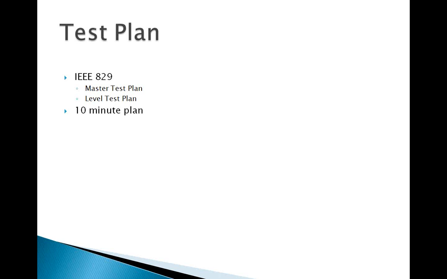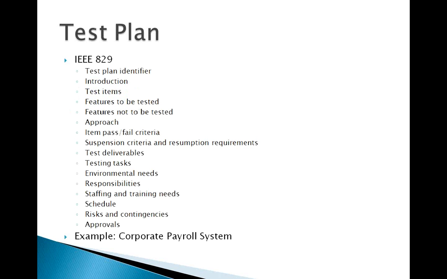And then I'm going to share something very radical after I cover this more popular and structured approach to test planning, IEEE 829, with the radical notion of a 10-minute plan. But let me first cover 829, then we'll go into that. Okay, so the IEEE 829 is an industry standard template given by IEEE, and it says that in your test plan you should have the following things listed.